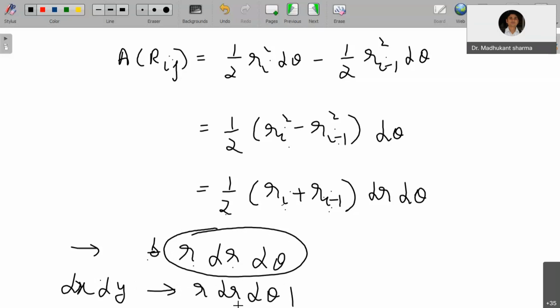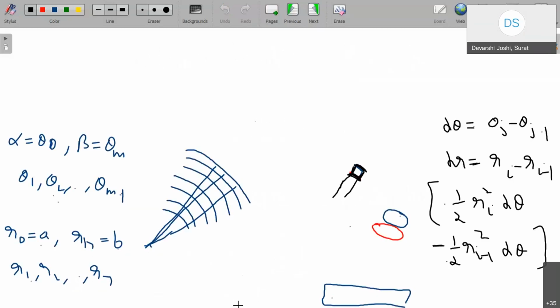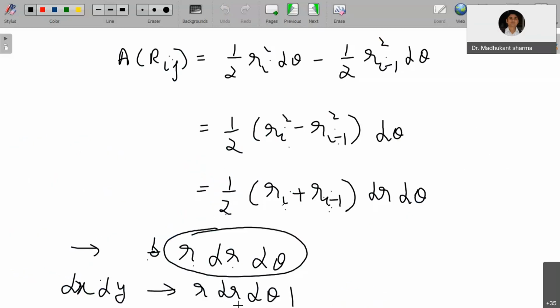Sir, but it is a rectangle. Like in the previous slide, you showed us that it was a rectangle. So why can't we just take length into breadth? It is a polar rectangle. If you take length and breadth, that's also fine. Length is dr and breadth is d theta, so won't it be dr d theta?